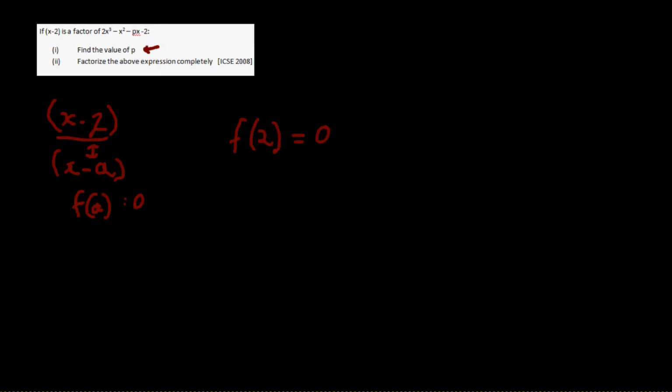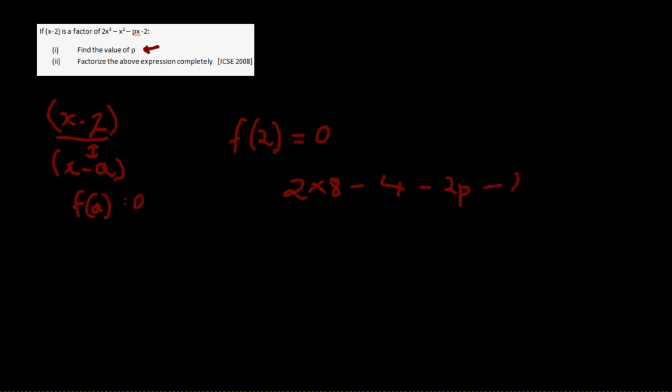So let's do that. 2x cubed. Now x is 2 over here, so you'll get 8 into 2, because x cubed is 8, and 2x cubed, minus x squared, which will be 4, minus px. px, x is 2, so minus 2p, minus 2, and we know that the whole thing is 0.